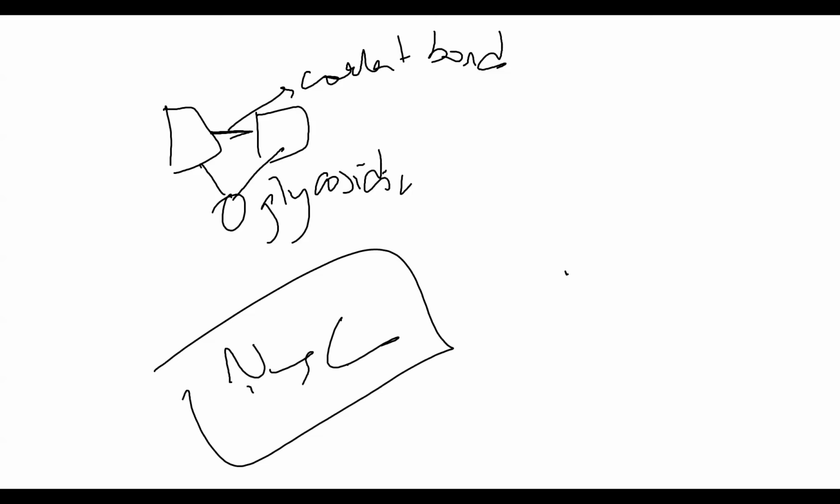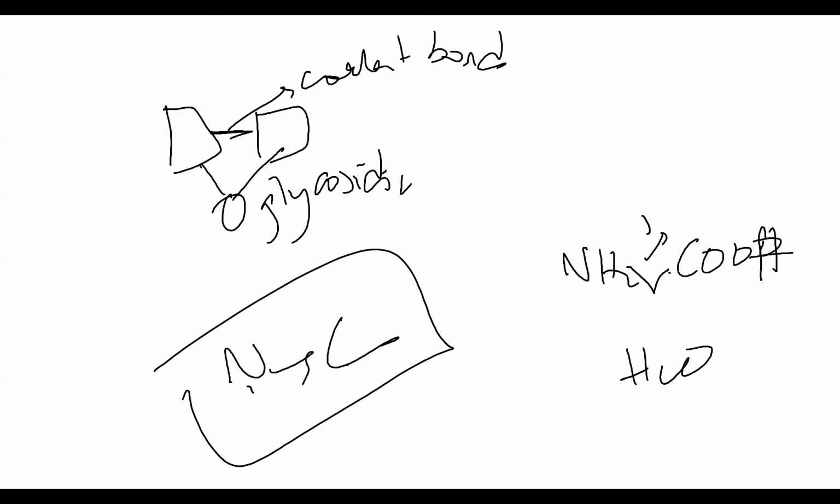We will have here N, the amine group, NH2, and this. Here we will take out an H2O, and we will end up with a peptide bond. Nitrogen and carbon will be sharing electrons. So yes, it is a covalent bond.